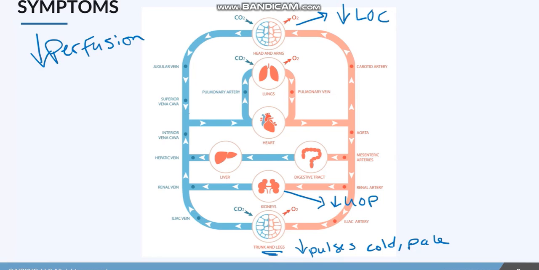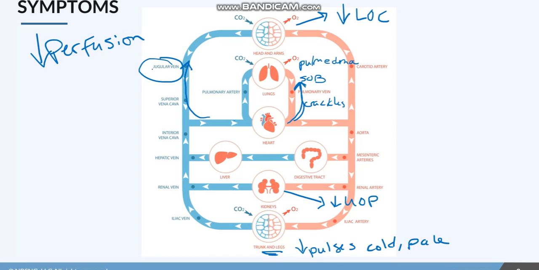Now, we may also see problems with fluid backing up, right? This is heart failure, so we can have this backup of fluid as well into the lungs. We'll see this pulmonary edema. We'll see shortness of breath, right? We might hear some crackles. So decreased perfusion as well as fluid going backwards. And then, of course, what happens when fluid goes backwards into the body?